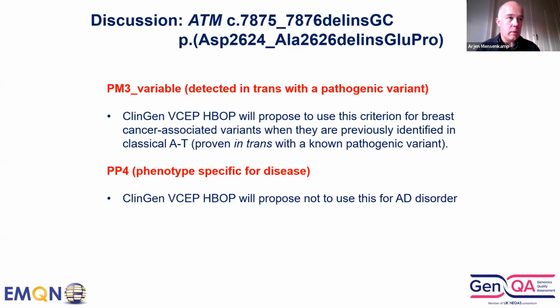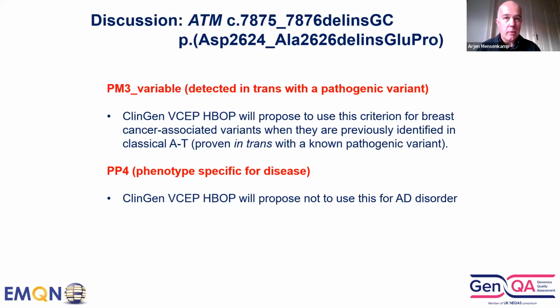PP4, of course, can only be used for autosomal recessive disorders, but PM3 variable will be allowed in the future. So that's why I think the final classification of likely pathogenic will be the correct classification in the end.